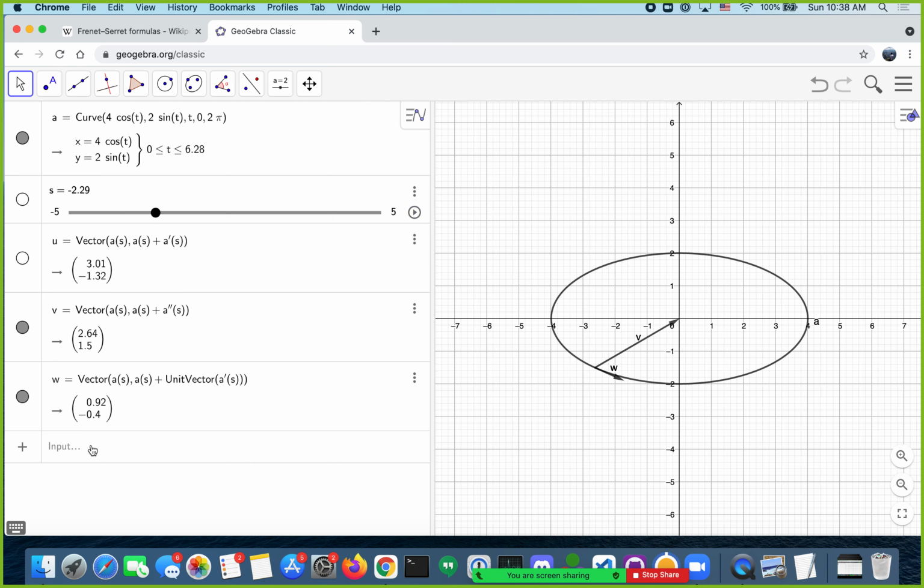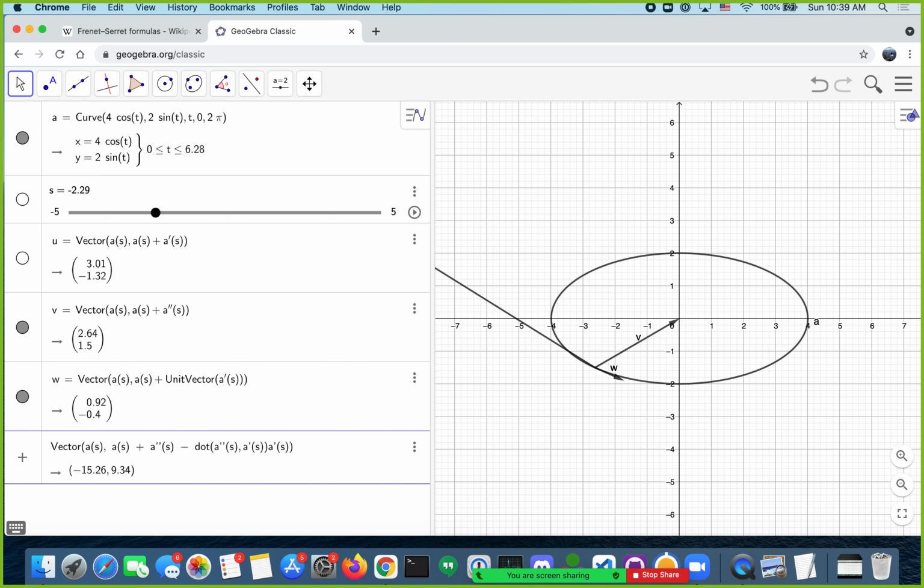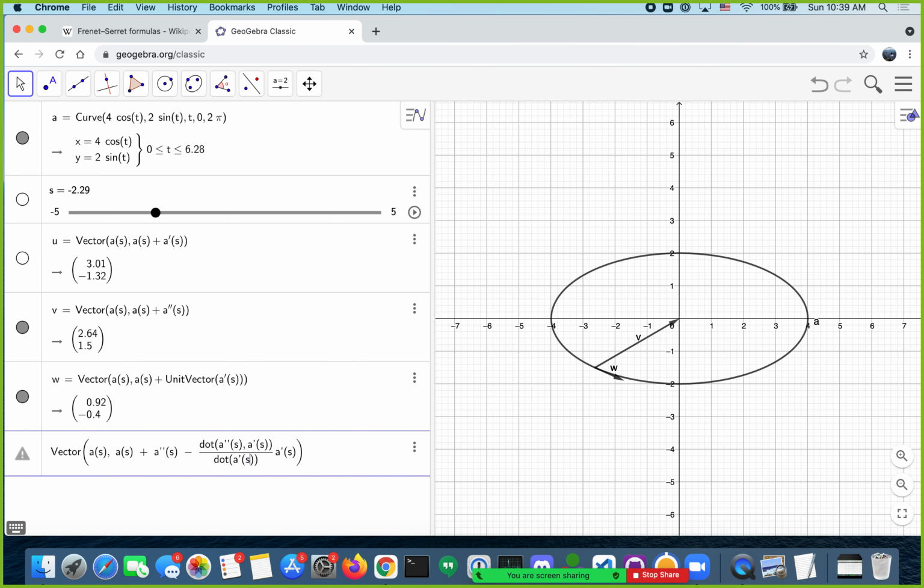And now I want to do the same thing to the acceleration. Now you can see this angle is not 90 degrees. I'm going to remove the component of the acceleration in the direction of velocity, and we learned how to do that. So I'm going to create a vector that starts at a of s, and ends at a of s plus the acceleration minus a piece of the velocity. We've learned this formula, and it is incredibly useful.